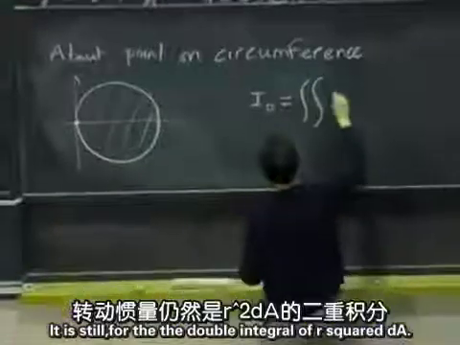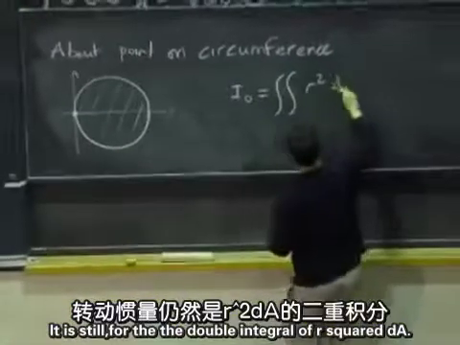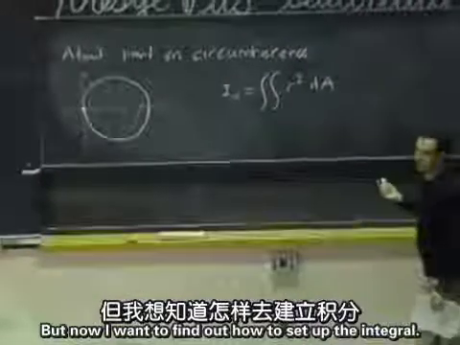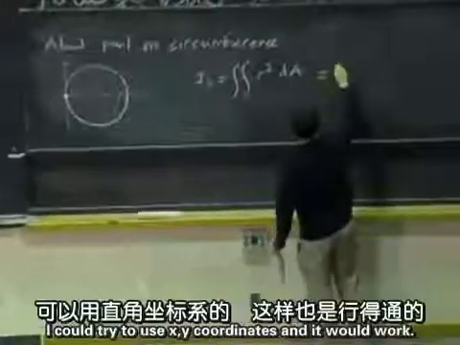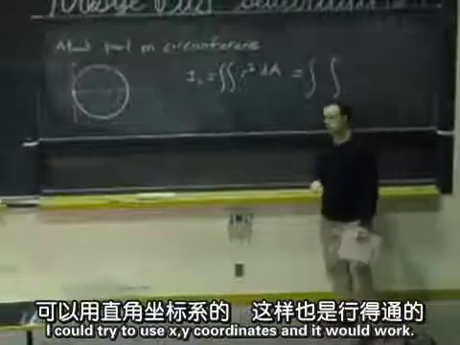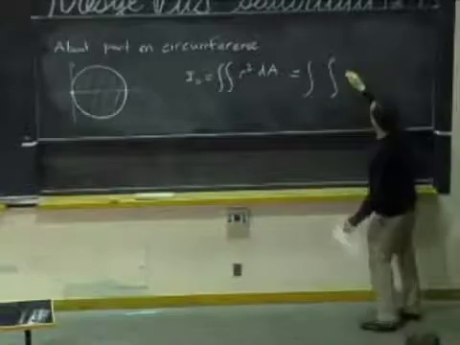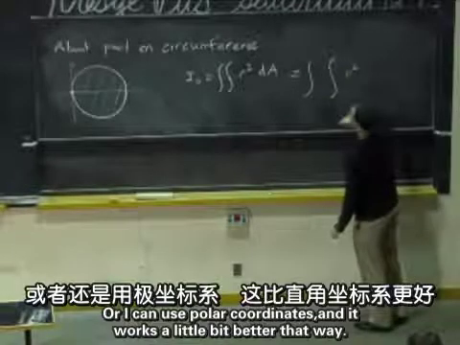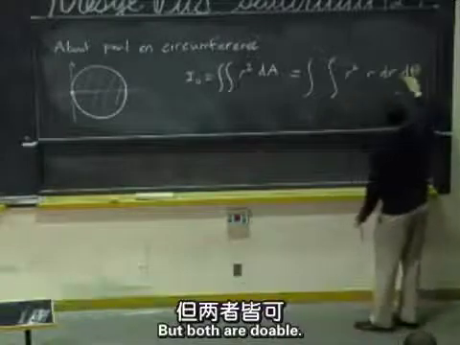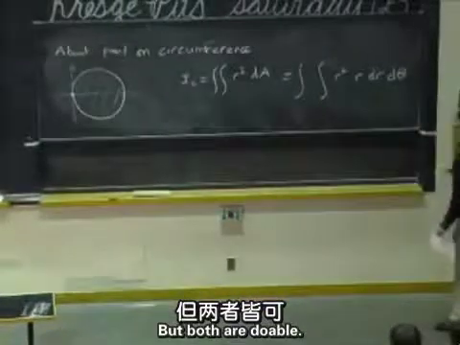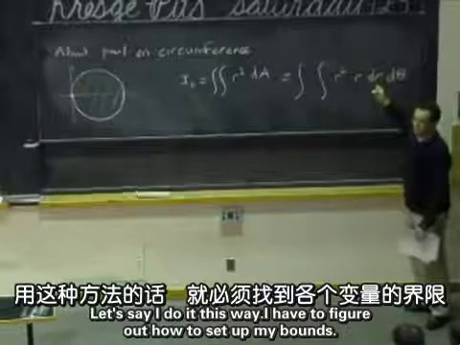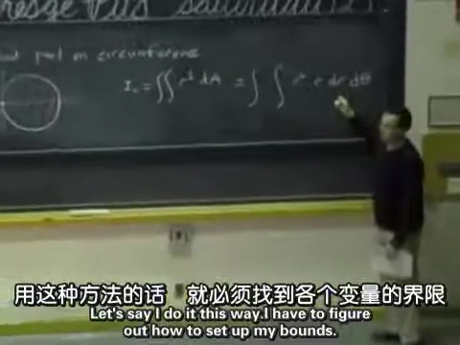So it's still the double integral of r squared dA. But now I want to find out how to set up the integral. So I could try to use xy coordinates and it would work. Or I can use polar coordinates, and actually it works a little bit better that way. But both are doable. So let's say I do it this way. So I have to figure out how to set up my bounds, right?